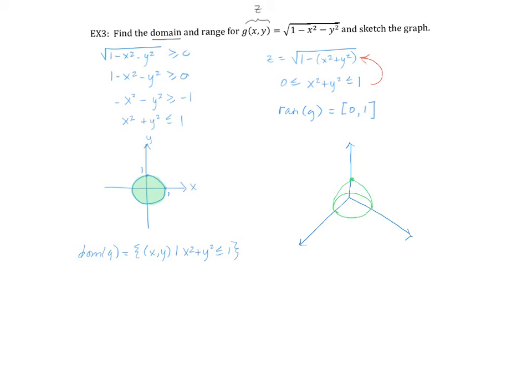And there's my attempt at drawing, I guess it's a half of a sphere. So I know my sketches are pretty bad. But let me go ahead and draw my intercepts. I have 1, 0, 0, 0, 1, 0, and 0, 0, 1.